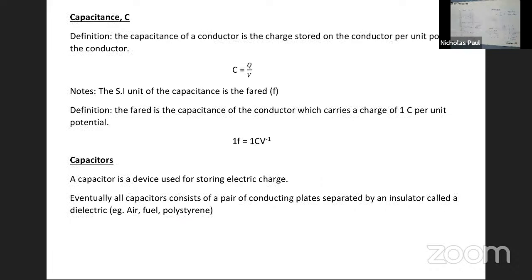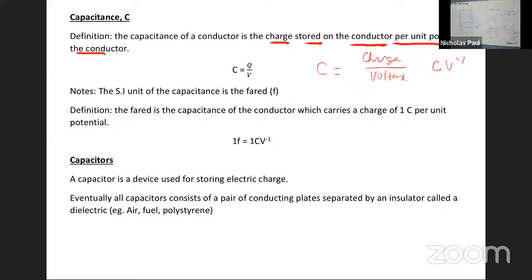The capacitance of a conductor is the charge stored on the conductor per unit potential, or per unit voltage. So capacitance is charge per volt, which is coulombs per volt.